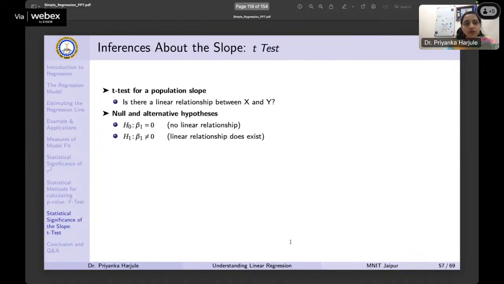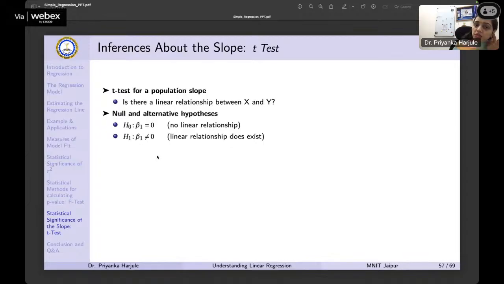Now we come to the t-test for the slope. What we are trying to do with this t-test is to see whether the relation between x and y is linear or not. That is, beta 1 is 0 versus beta 1 is not equal to 0. If it is 0, then there is no relation.